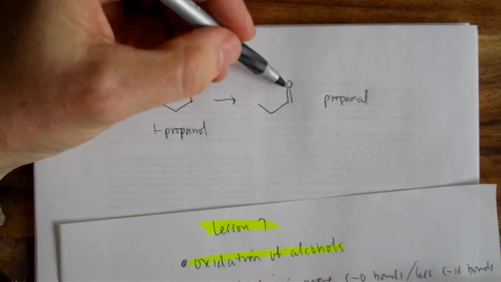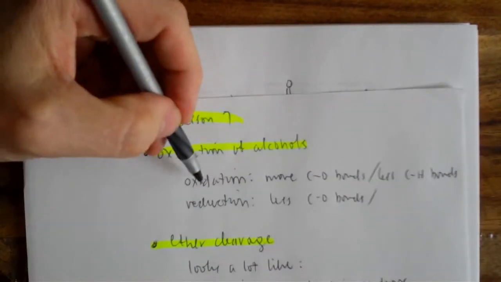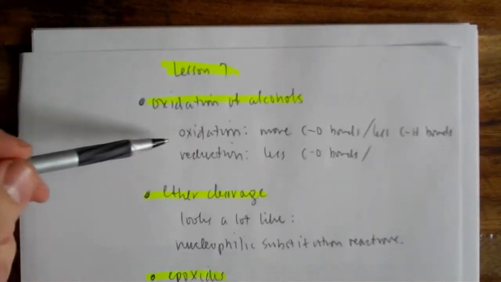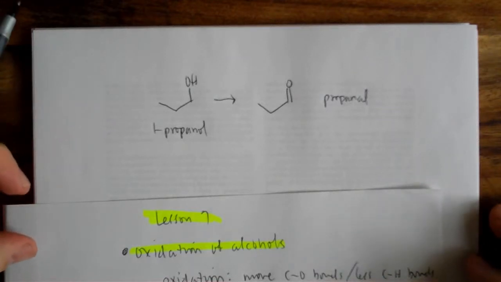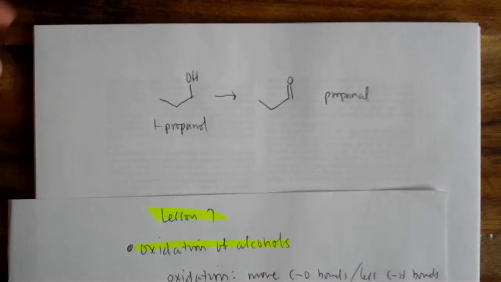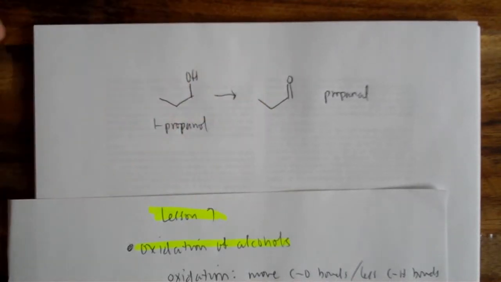Alright, so indeed we start out with 1 carbon-oxygen bond, we end up with 2, and by this definition that's an oxidation. I think it's really good to think in these terms because this needs to be second nature to us. So you can just very easily see that. As a general rule of thumb, the reagents that are going to give us things like that have lots of oxygens in them.